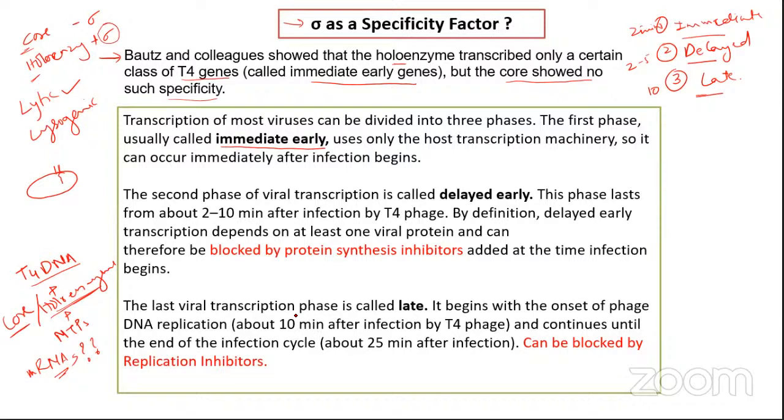So now your job is that I have given you the RNA products of both the tubes, and I am asking you to tell me whether these RNA products are coming from immediate early genes or delayed early genes or late genes. So how will you do that? How will you find out from which genes these RNAs have been synthesized? That's your job to find out.